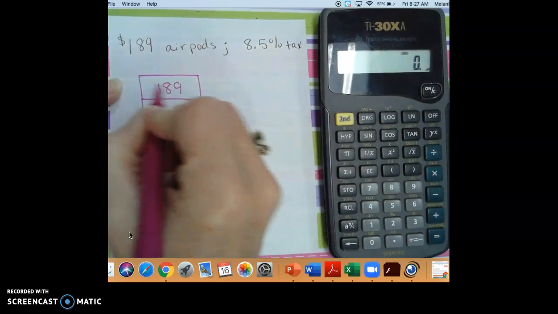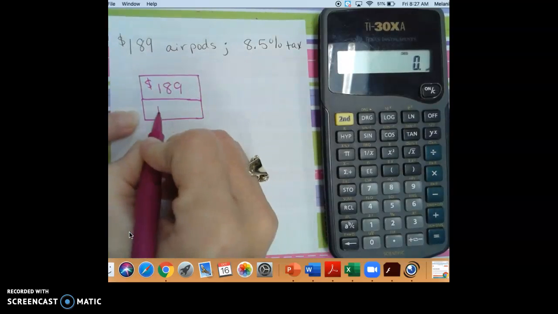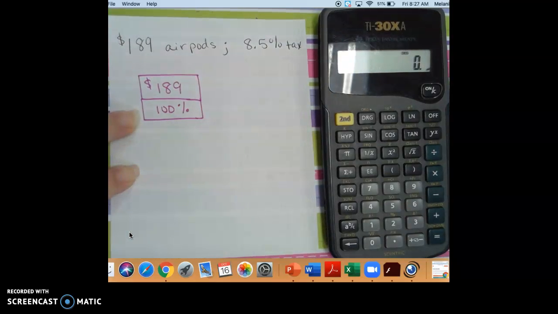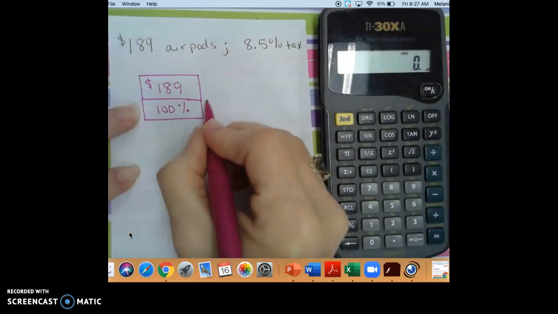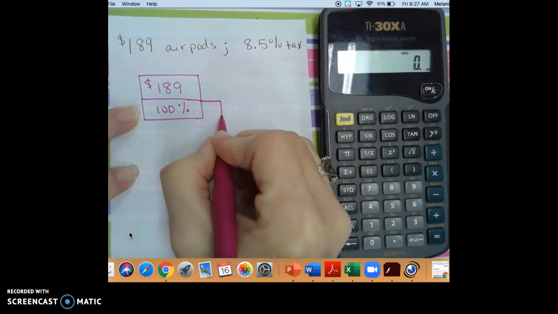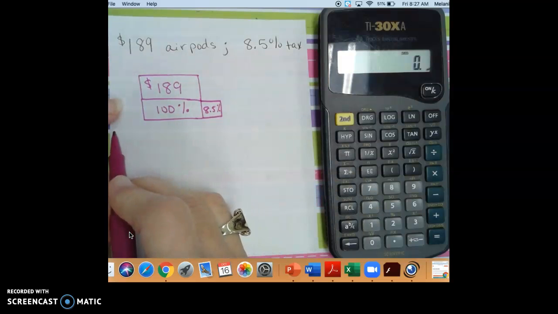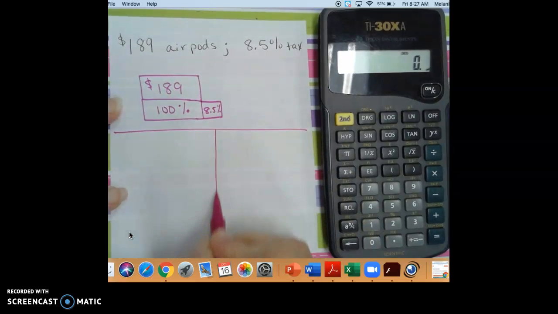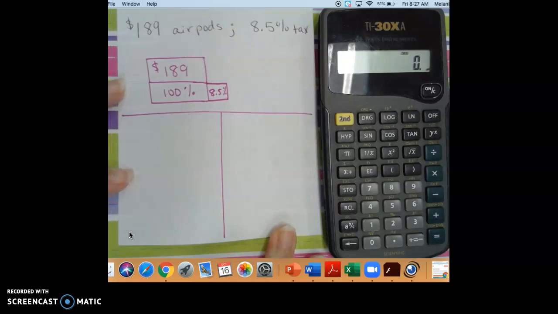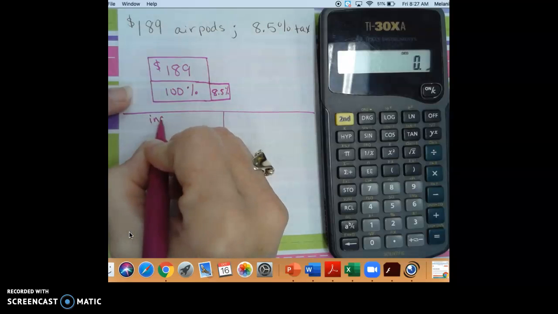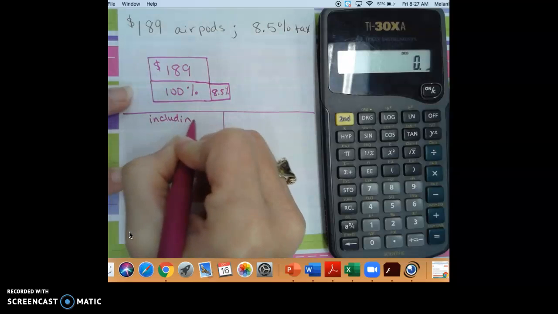All right, $189 for AirPods. So that's going to be full price. That's 100%. Now this time we're going to have to pay the 100%, the full price, plus a little extra. So let's do including tax.